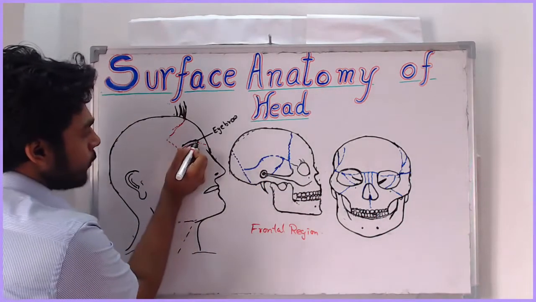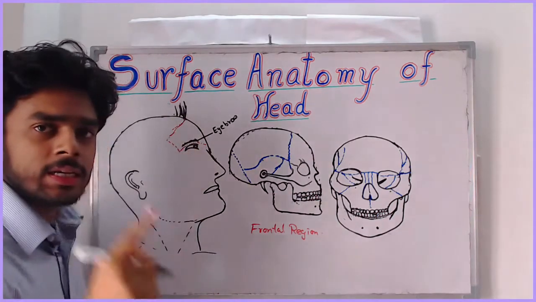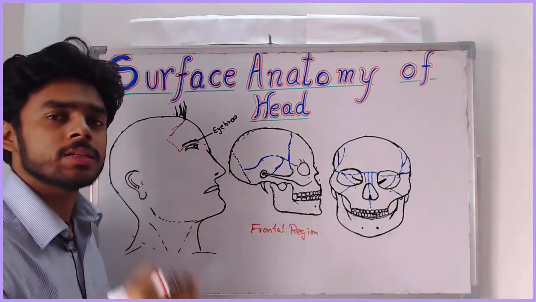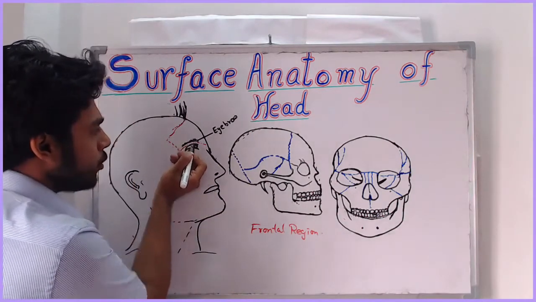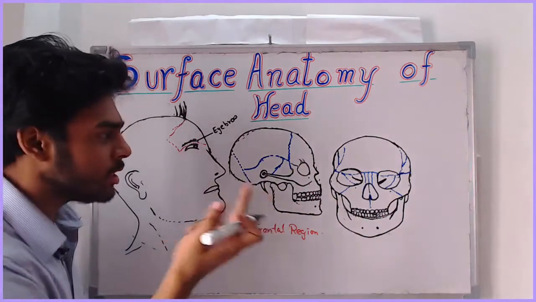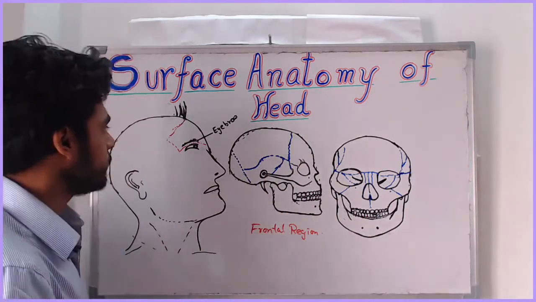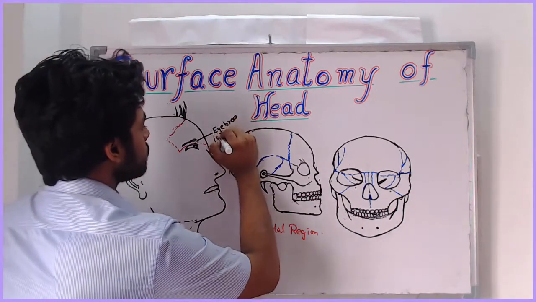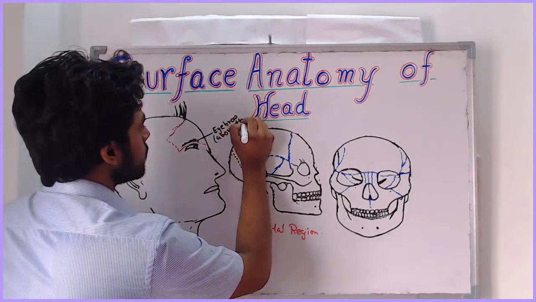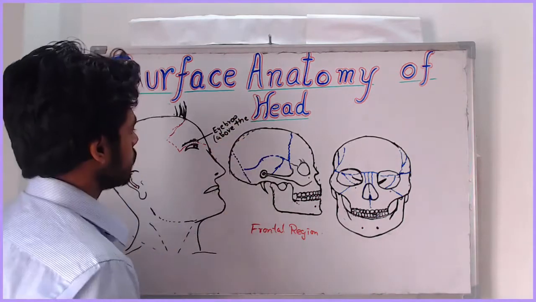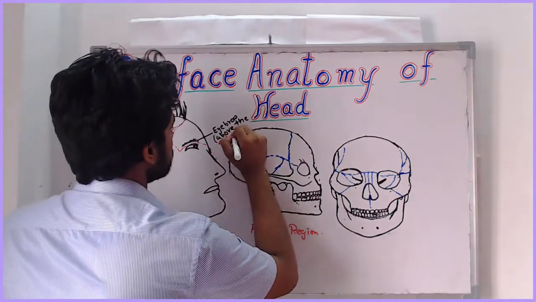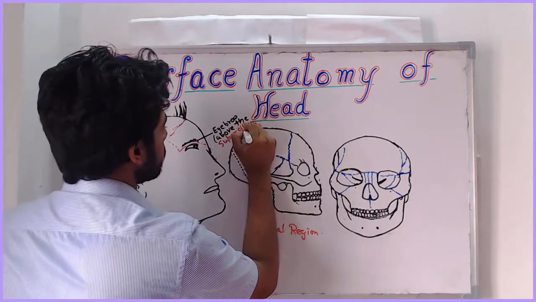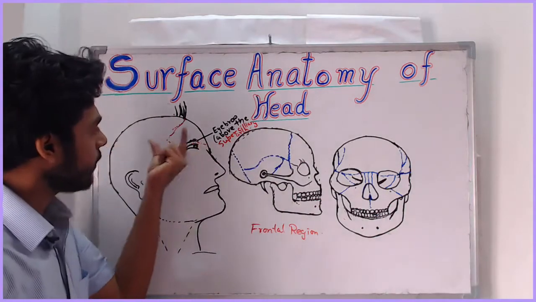So when you touch the eyebrow, you are actually feeling the superciliary arch, and eyebrow is above that superciliary arch, and below this eyebrow you can feel the margin, that is supraorbital margin.